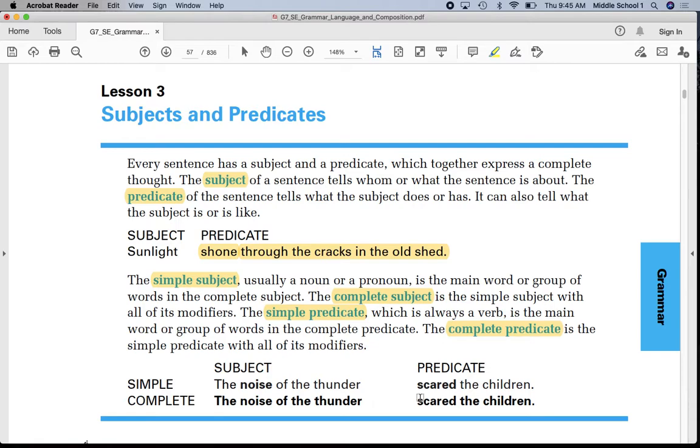All of the words that come before the predicate is called the complete subject. I would put a line in between thunder and scared. The noise of the thunder, complete subject. Scared the children, complete predicate.